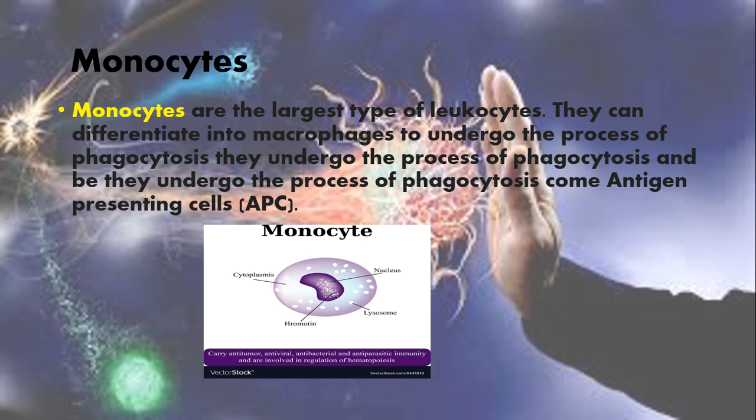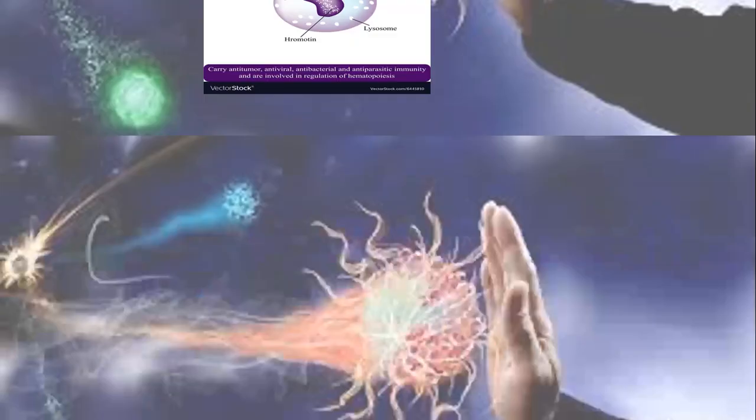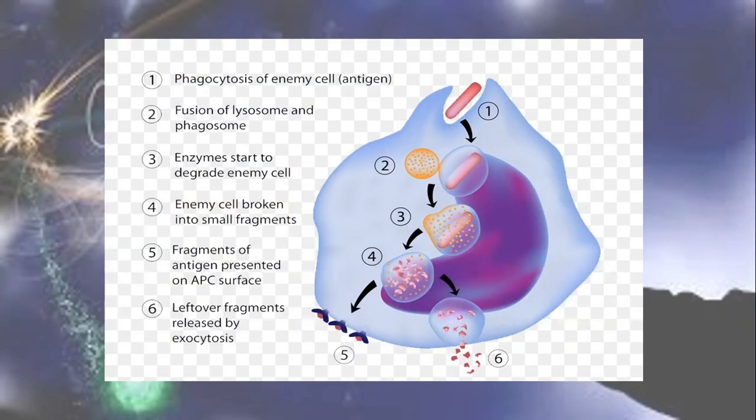As for the monocytes, after undergoing the process of phagocytosis, they first become macrophages to undergo the process of phagocytosis, and after that they will express fragments of the phagocytosed elements on their surface, and they will change into what we call antigen presenting cells.